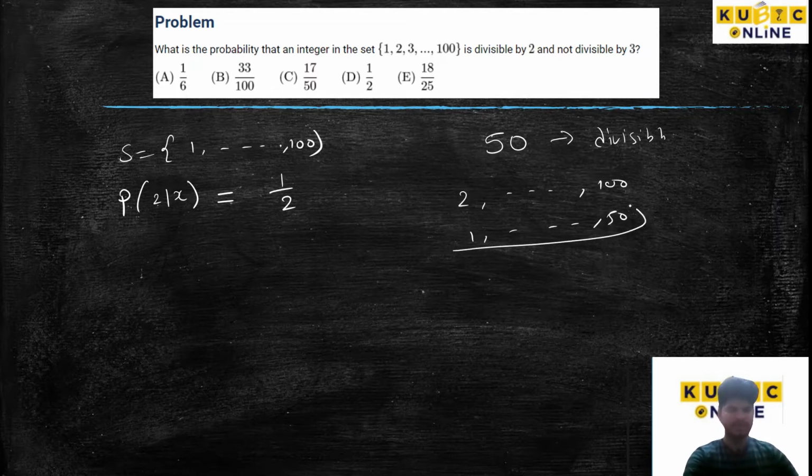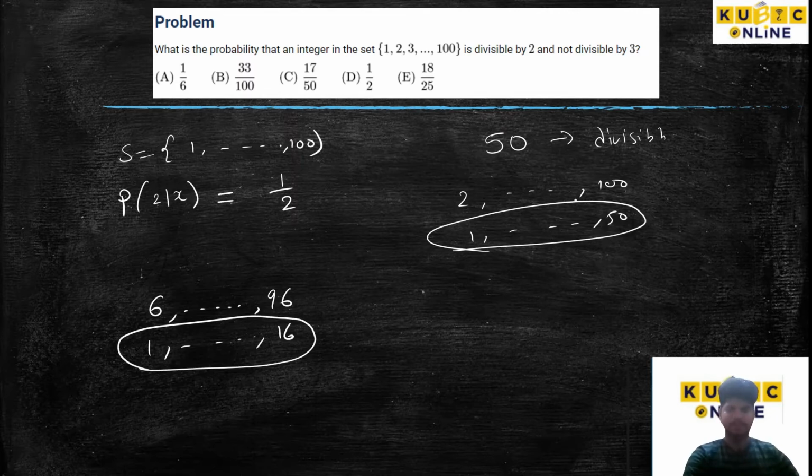Now divisible by 6, starting number is 6 and it goes on till 96, so 1 to 16. There are 16 numbers. So 50 minus 16 is 34. So there are 34 numbers which are divisible by 2 but not divisible by 3.